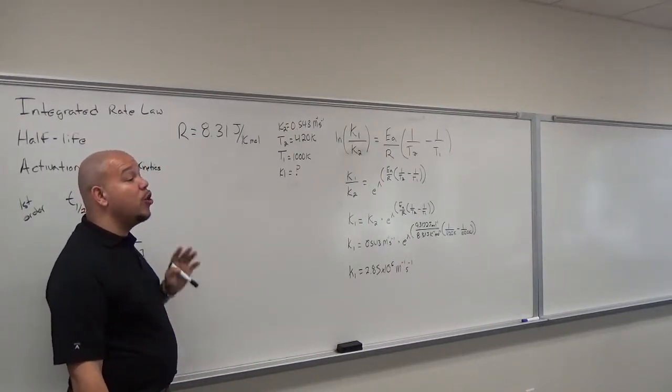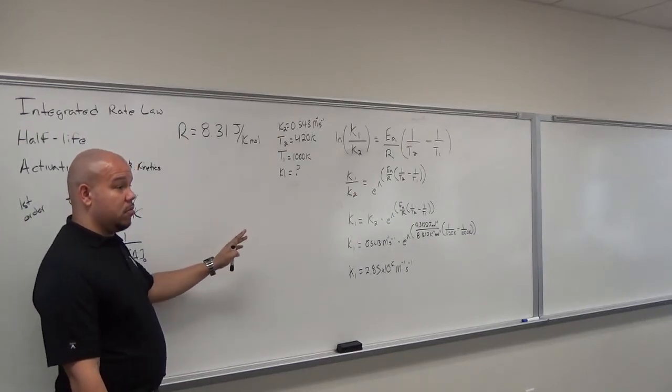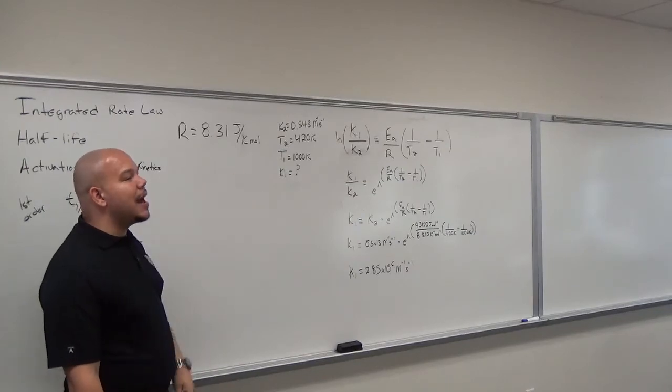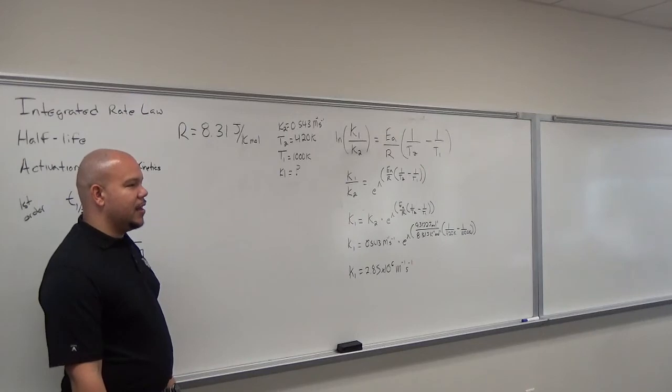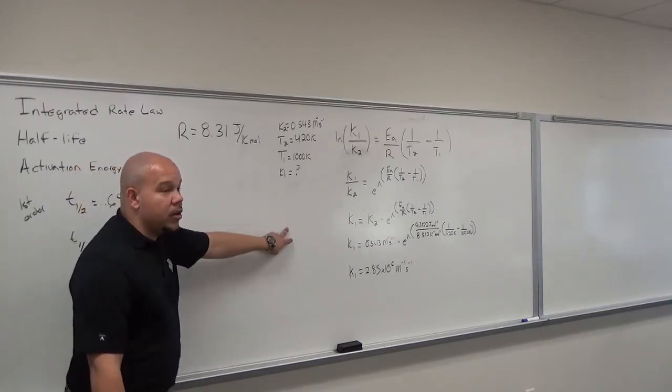Now, the reason I showed you how to do it this way is because you may not always get the collision factor, right? In a problem where you don't get the collision factor, this is going to be the only way to do it.